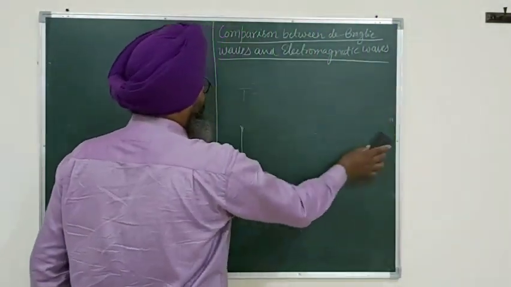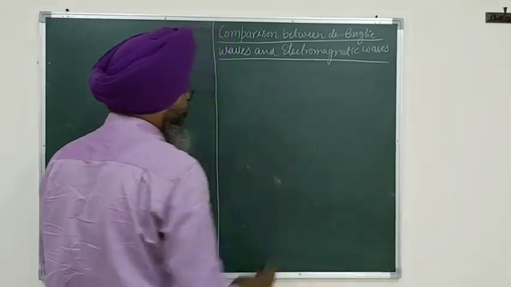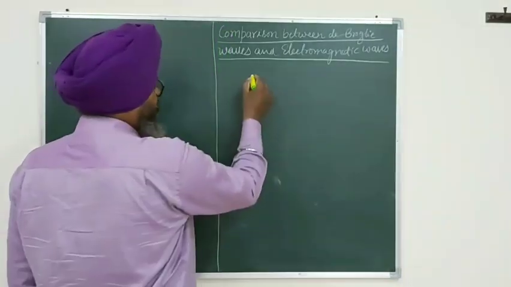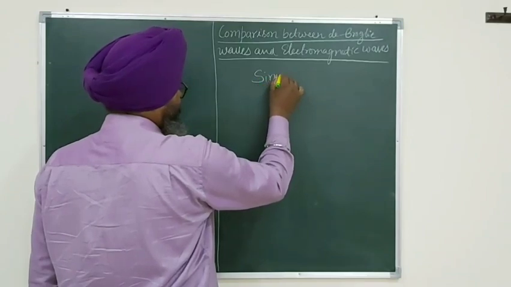Okay, first of all, what are the similarities between the electromagnetic waves and the de-Broglie waves?